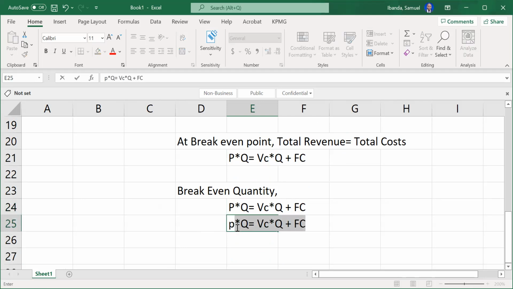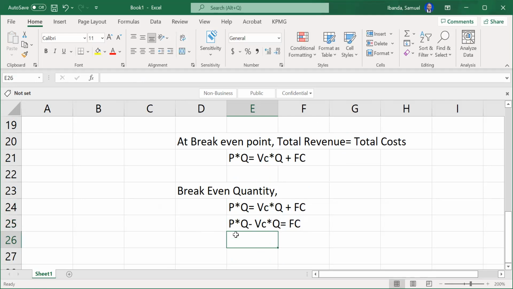So this is what I'm going to have: P times Q minus VC times Q, and we'll equate it to FC. P Q minus VC Q is equal to FC. Remember what we said: P is price, Q is quantity, VC is variable cost per unit, Q is also quantity, FC is fixed costs.